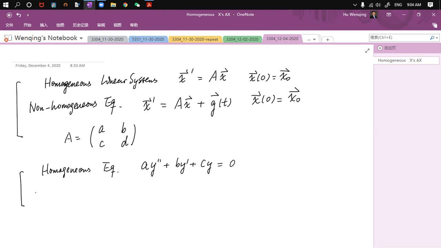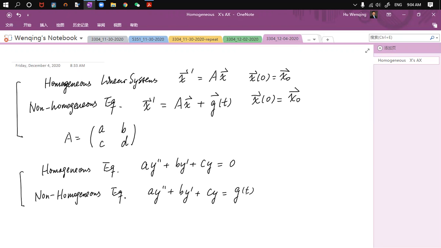That's a homogeneous equation. And if you want to consider the non-homogeneous equation, then it must look like a y double prime plus b y prime plus c y equals g of t on the right-hand side.